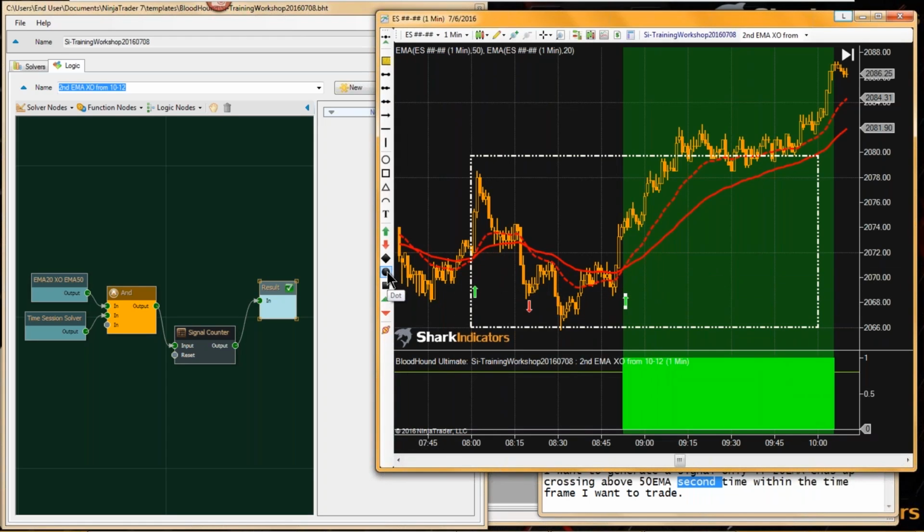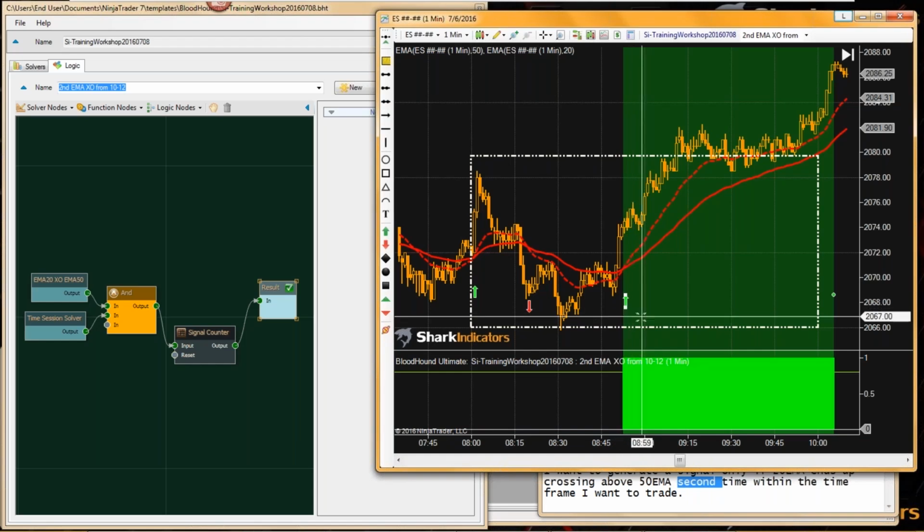Right, so from this bar way over here, if we look back 125 bars, the signal counter has found 2 signals.